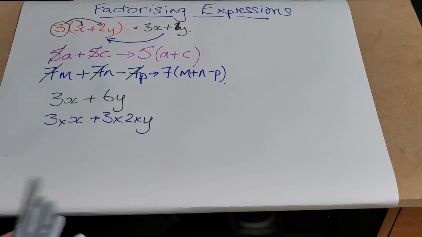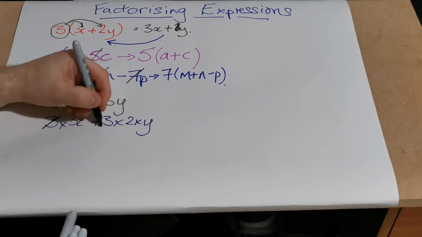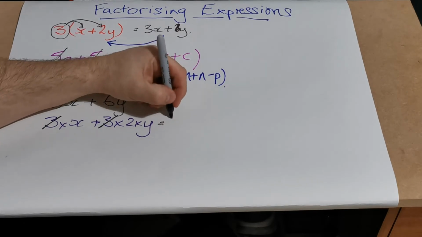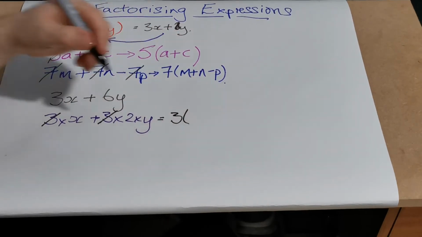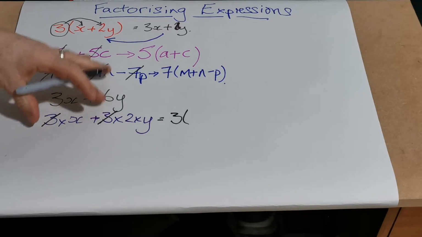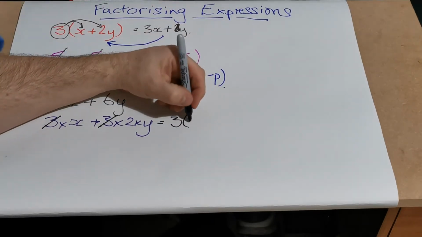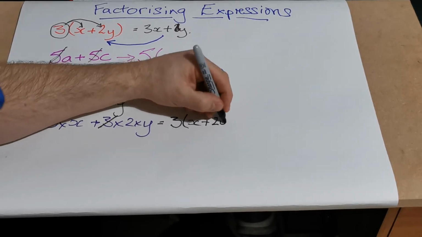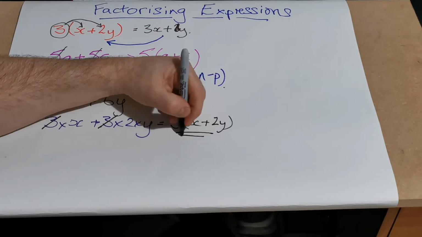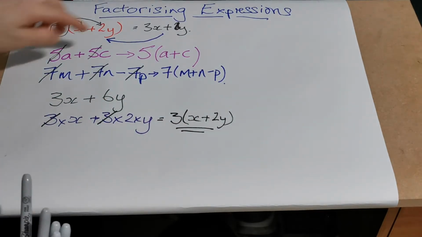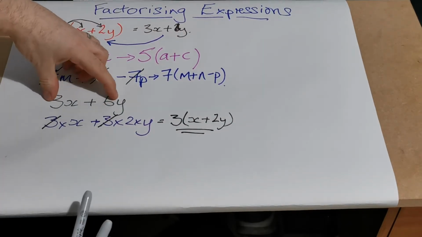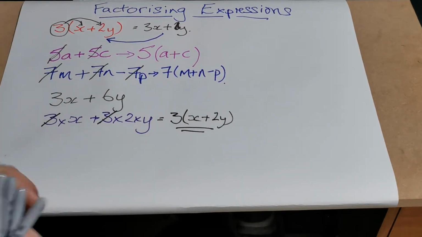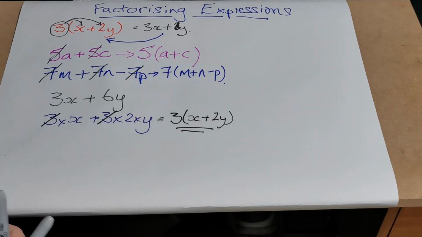The thing that's in common in there is again a 3, so I put 3 outside the brackets. You can see it's a common factor in both terms, and that's why it's called factorising. I'm left with x in that one, and 2 times y, which is 2y, in that one. And you can see that's how we get back to the question that we began the example with.